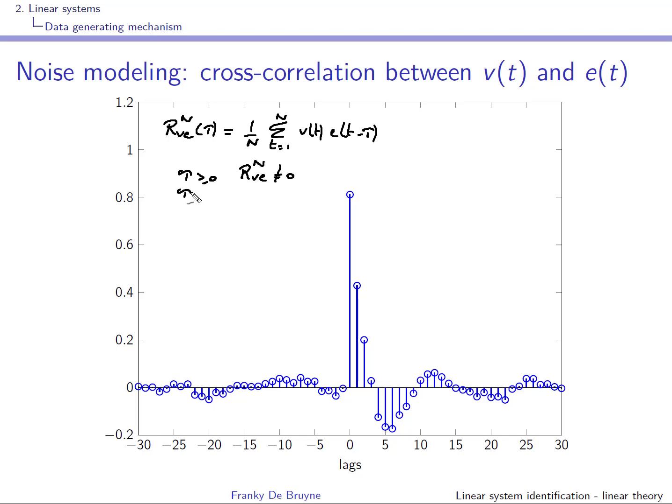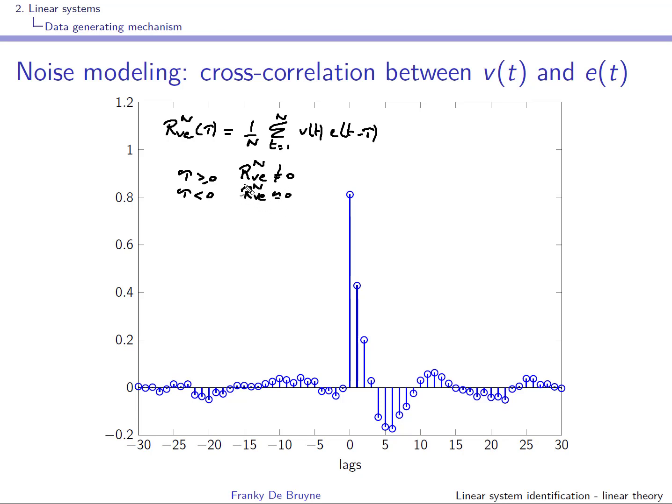And if you take tau negative, since you shift e(t) to the left, there will be no correspondence between values of v(t) and past values. So r_ve will be approximately 0.